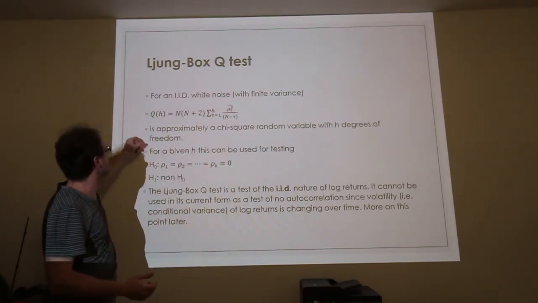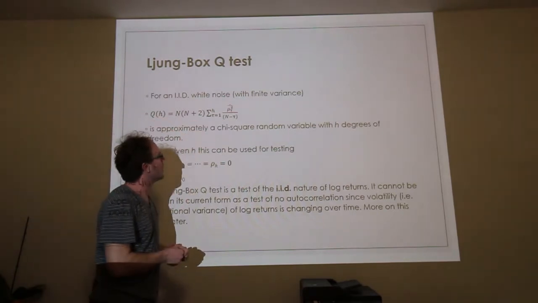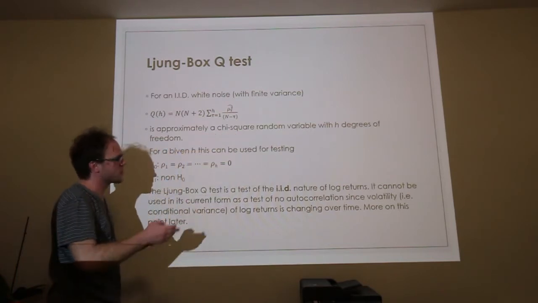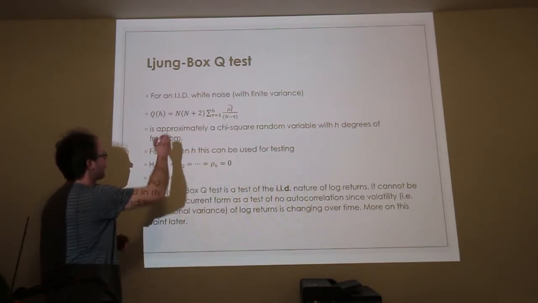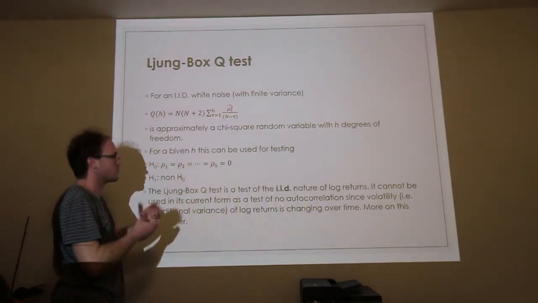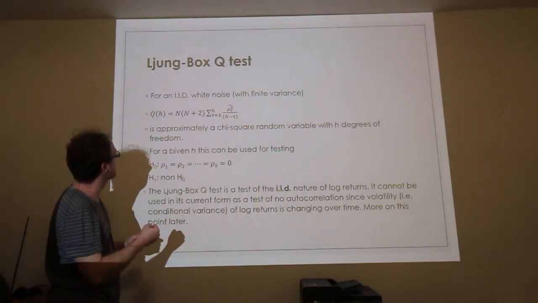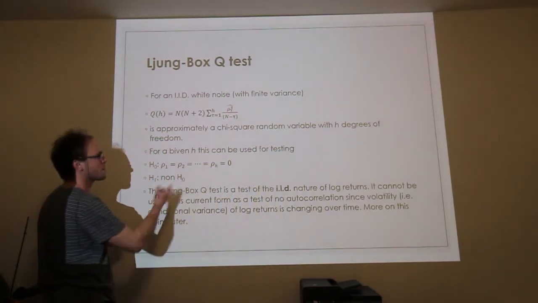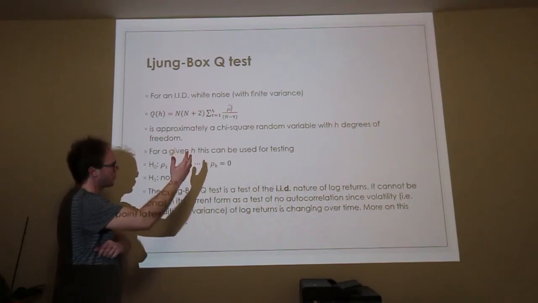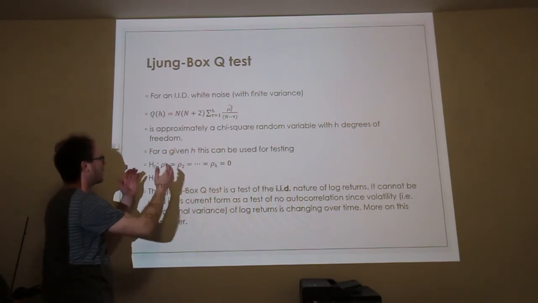This statistic is approximately a chi-square random variable with h degrees of freedom. So we are comparing this Q statistic with critical quantiles of the chi-square distribution. For a given h, this can be used for testing.